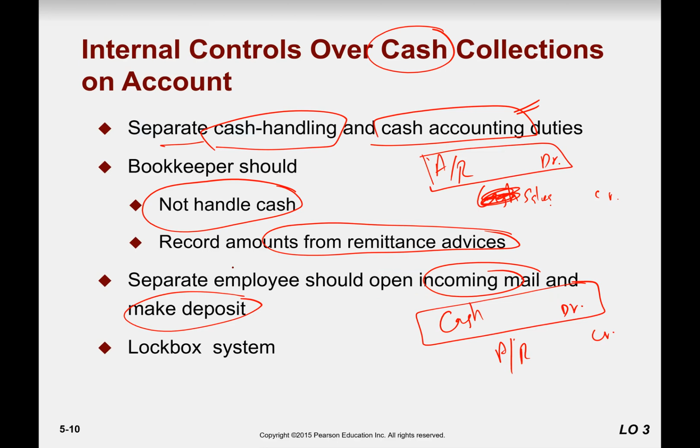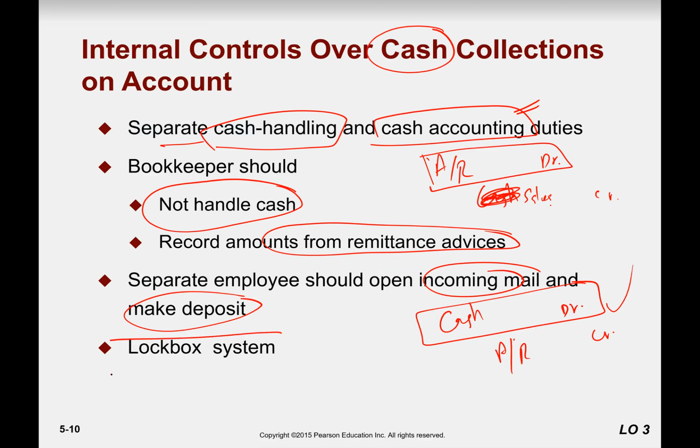The employee responsible for receiving cash deposits it to the bank, and the receipt he receives from the bank he gives to the accounting department, and the accounting department records the transaction: we received the cash from this customer and we are making this entry.